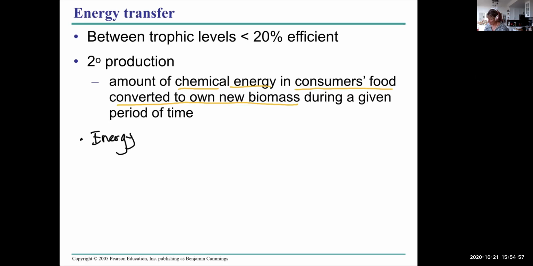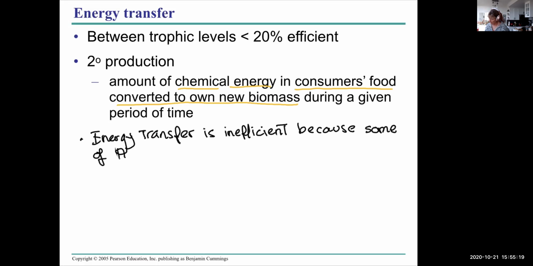Energy transfer is inefficient because some of the lower level that is being consumed is indigestible.